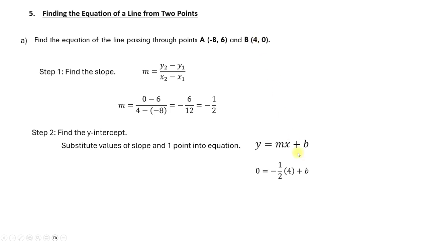Our x value is 4, and we're solving for b. So when we finish solving for b, we end up with a value of 2. Now we have enough information to write our equation. Our b value is 2, our slope's -1/2, therefore our equation is y equals -1/2 x plus 2.